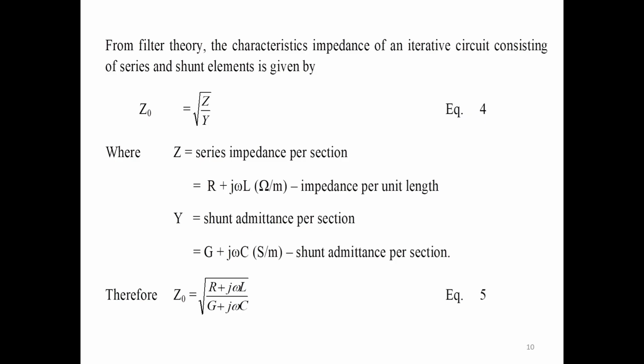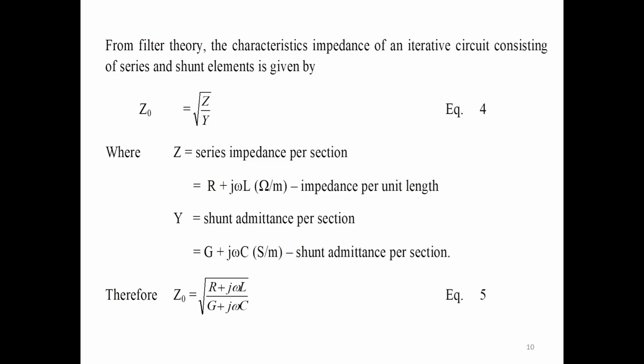From our knowledge of filters, the characteristic impedance of an iterative circuit consisting of series and shunt elements, as shown in Fig. 2, is given by Z0 equals the square root of Z over Y, where Z is equal to the series impedance per section, given as R plus jωL, and Y equals the shunt admittance per section, given as G plus jωC. We call that equation 4.